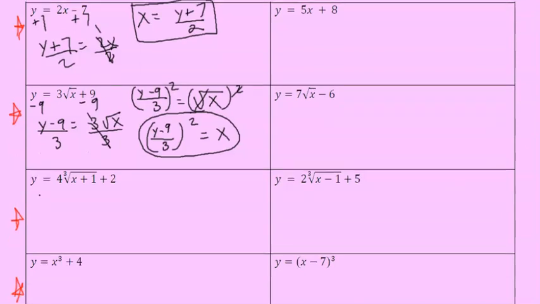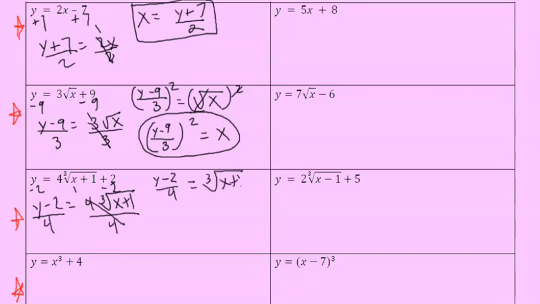Let's look at this one. Y equals 4 times the cube root of x plus 1 plus 2. To get x by itself, we first will isolate the radical. Y minus 2 equals 4 times the cube root of x plus 1. To get the radical isolated, we're going to divide each side by 4. Y minus 2 over 4 equals the cube root of x plus 1.